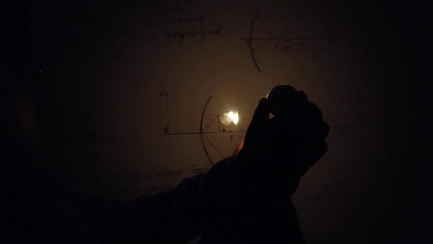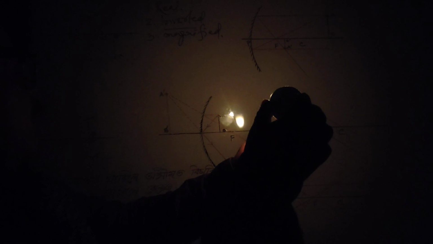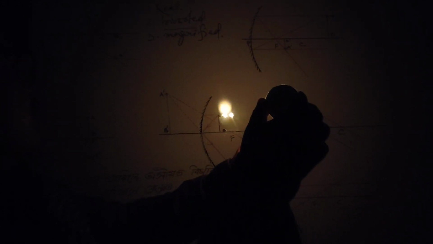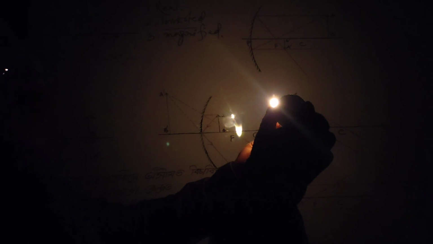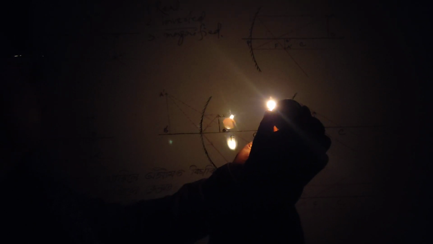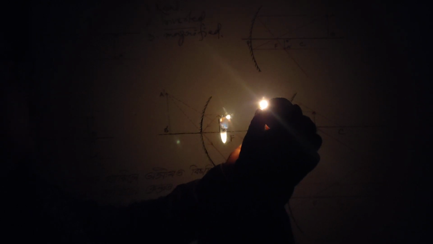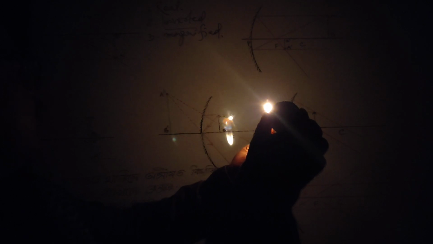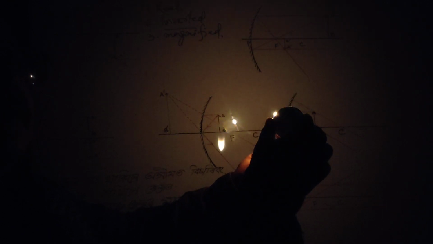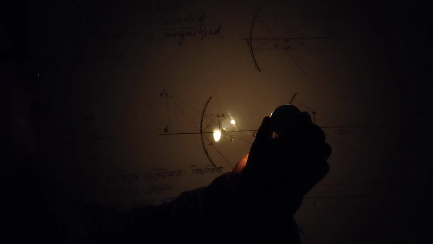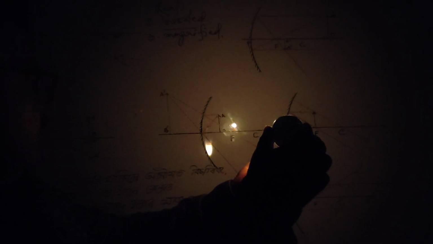So you remember that a real image is formed in front of the concave mirror when any object is placed beyond the focus. You remember that point directly. If any object is placed beyond the focus of a concave mirror, then the image is formed in front of the mirror. Okay, is it clear?